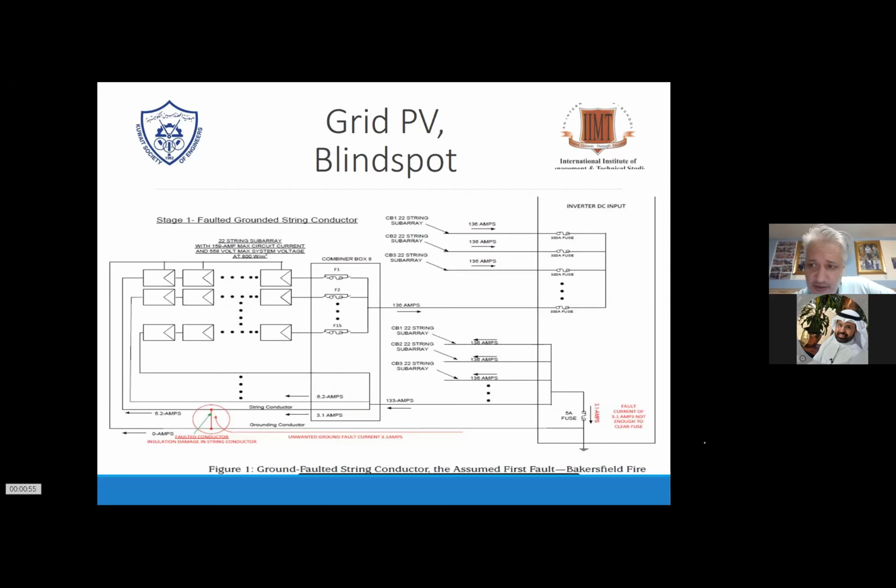That means it is not taking off the fuse, so it will stay online. And so it was not enough to clear the fuse, and it started a fire at the modules from these string sub-arrays.